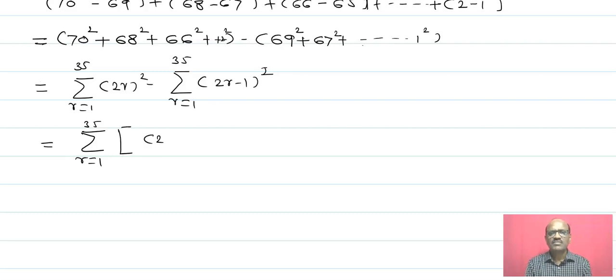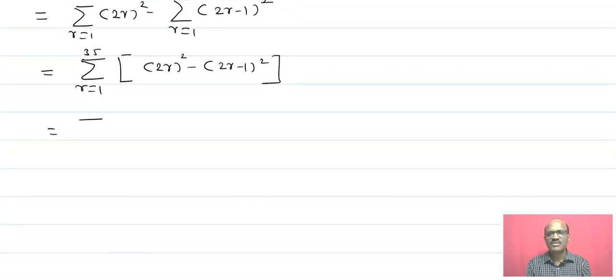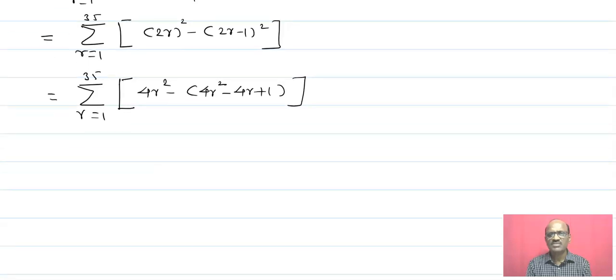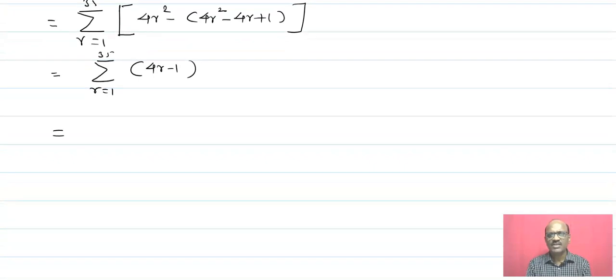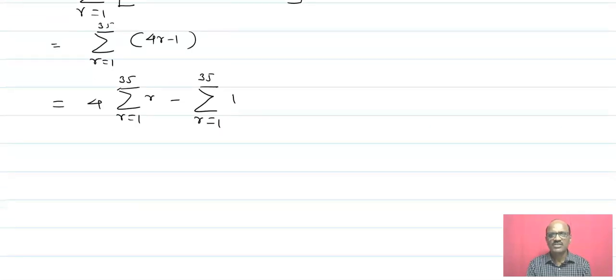Now we can take the summation common, so it is simplified: summation r equals 1 to 35 of (2r) squared, which is 4r square, minus (2r minus 1) squared, which is 4r square minus 4r plus 1. Now 4r square and minus 4r square get cancelled. Therefore in the bracket you will get 4r minus 1, so 4 times summation of r minus summation of the constant.